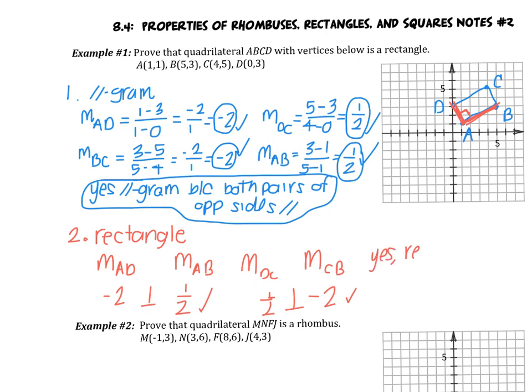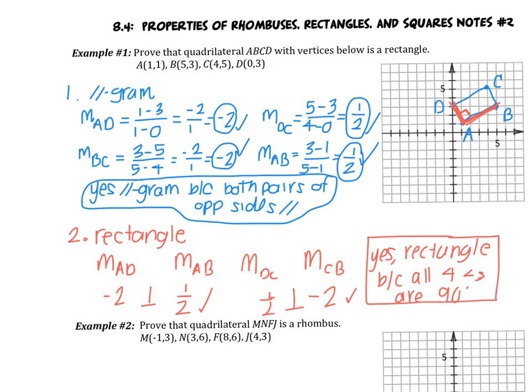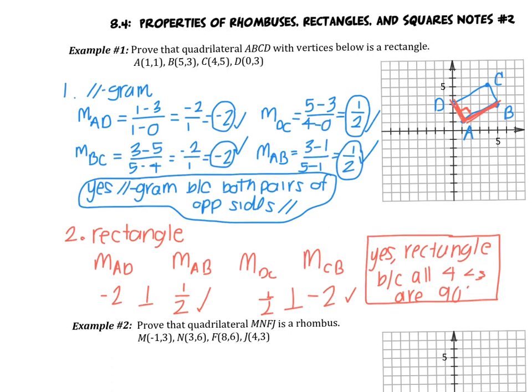Yes, rectangle, because all 4 angles are 90 degrees. Somehow, something like that. Okay, first thing parallelogram, then rectangle. Looking at your chart is extremely helpful because it tells you what to do.